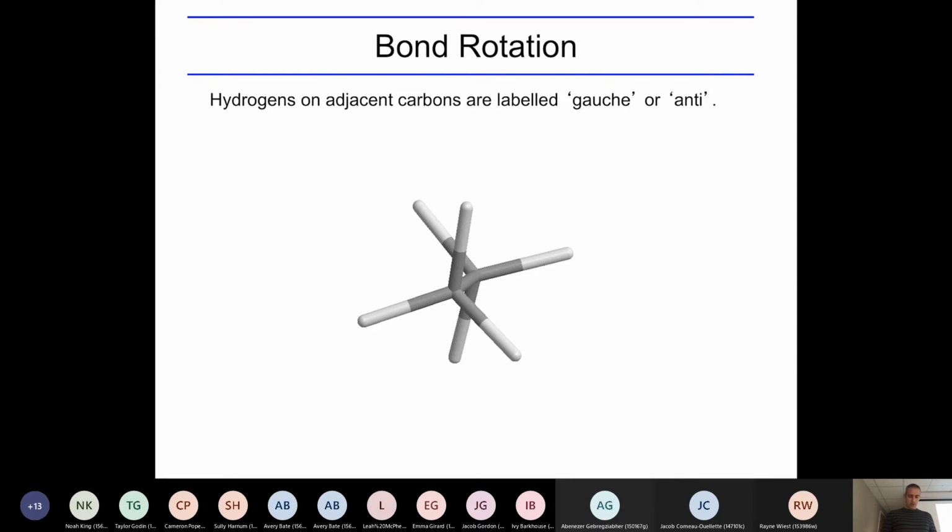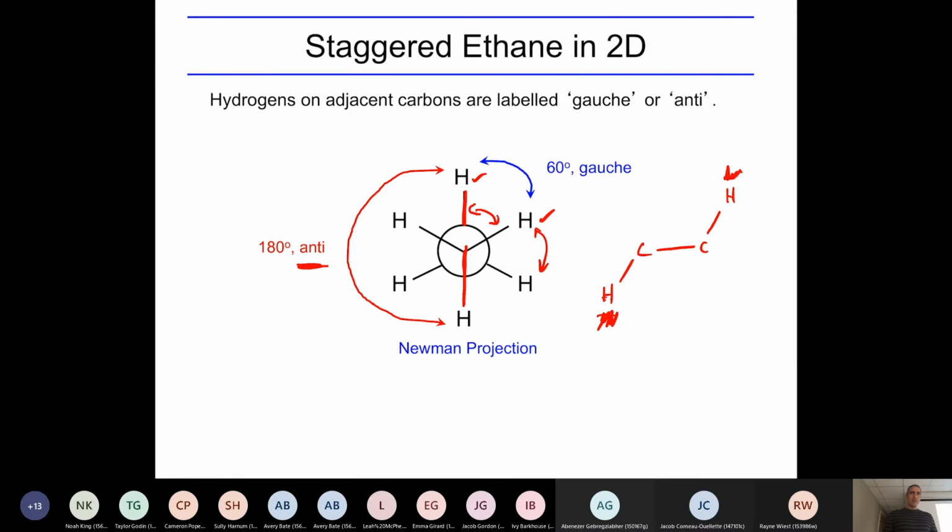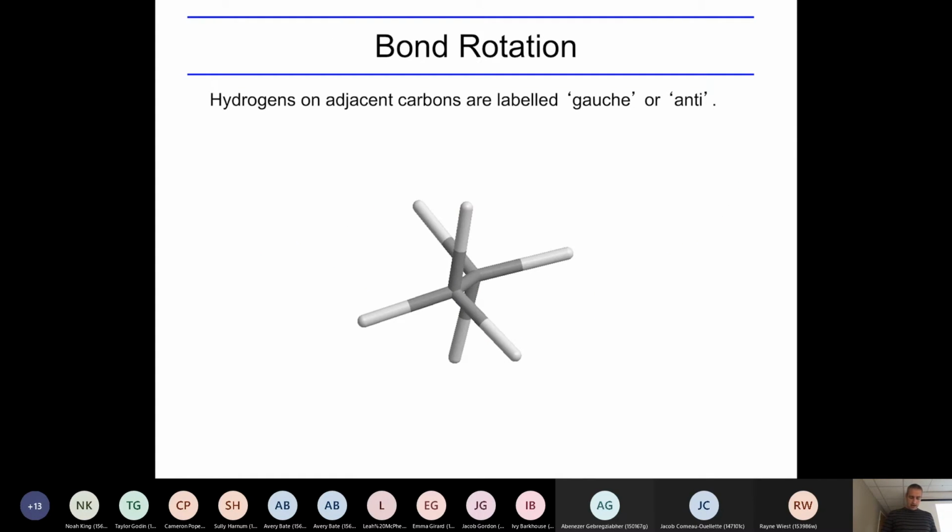We're talking about bond rotations. We're talking about ethane, how it can have staggered conformation, where the front carbon and the back carbon are rotated 60 degrees. In this one, if we were to translate this particular structure that we see on the slide into a Newman projection, we would take the front carbon and make a point. The back carbon becomes a big circle over there.